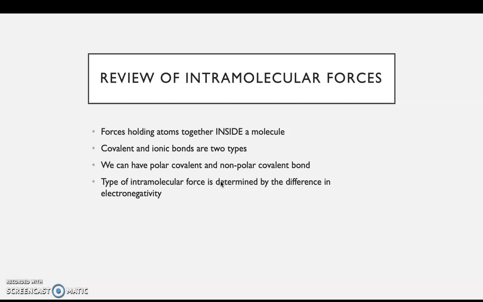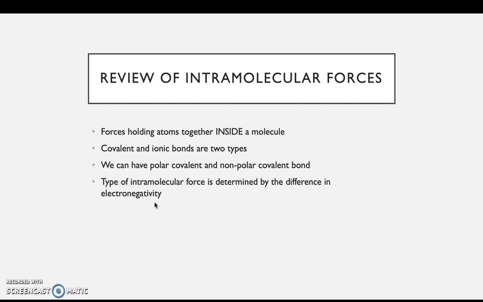Now the intra, so the ones inside the molecule, covalent or ionic, are determined by the difference in electronegativity. Okay, so that's where the electronegativity comes in. And when we have a large electronegativity difference between our two atoms in our bond, that's when we get ionic. When we have a lesser difference, that's when we get covalent, and even lesser, down to 0, that's where we have nonpolar covalent, where they're sharing those electrons equally.